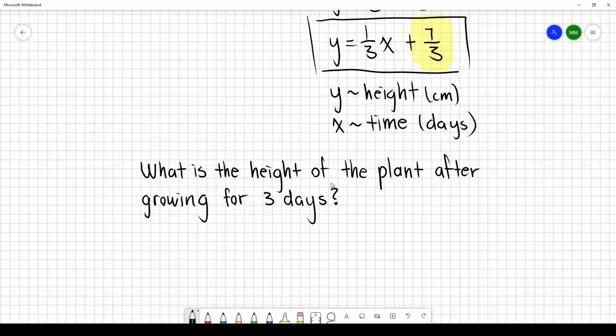So it's pretty straightforward. Same thing as always. What is the height of the plant after growing for 3 days?